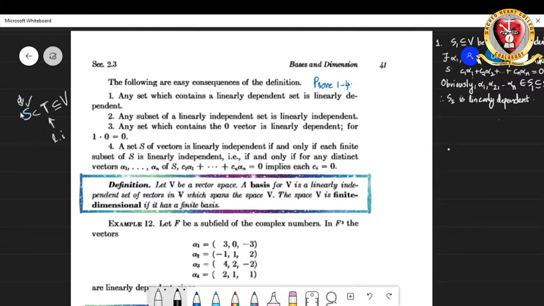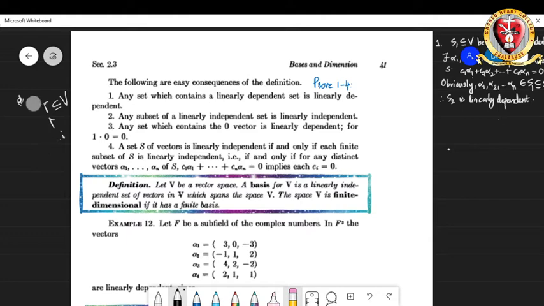For that, you can assume on the contrary that S is linearly dependent. That will automatically mean T is linearly dependent, so that will make a contradiction there. That's how you can prove that easily.